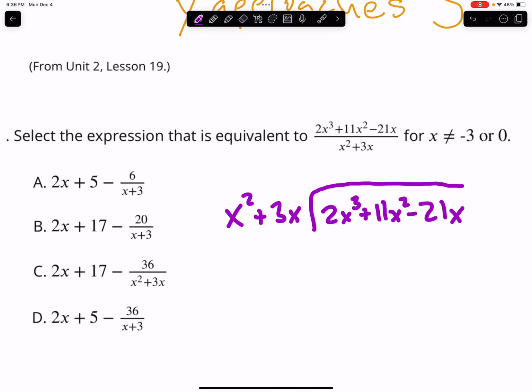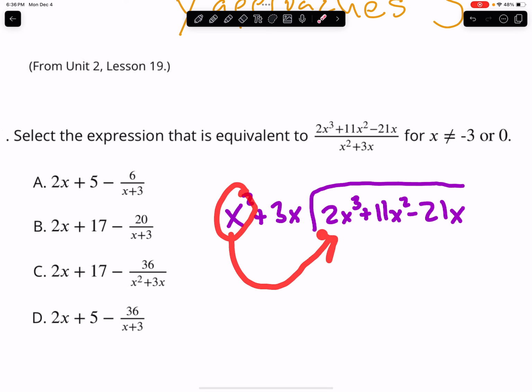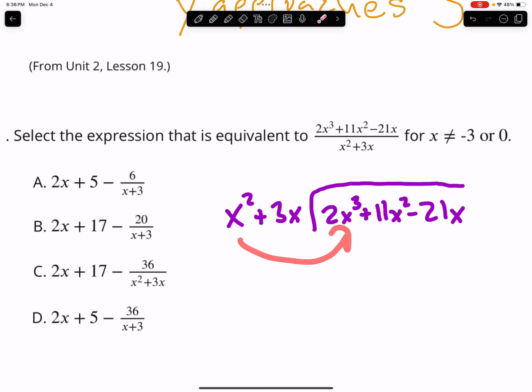All right, here we go. I got to multiply something times x squared to make it look like 2x cubed. So I need an x. X times x squared would be x cubed. And I need a 2. So I'm going to write that right over here.